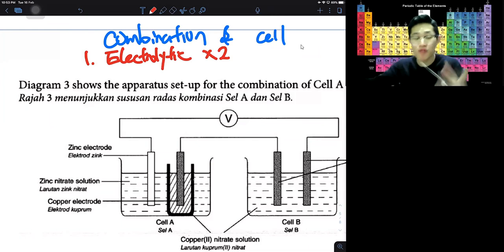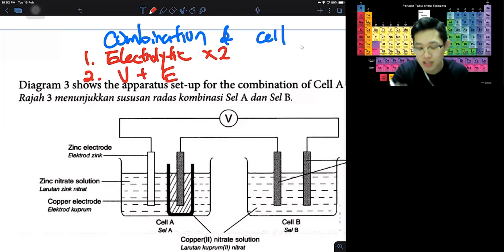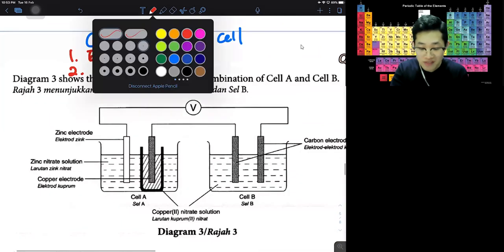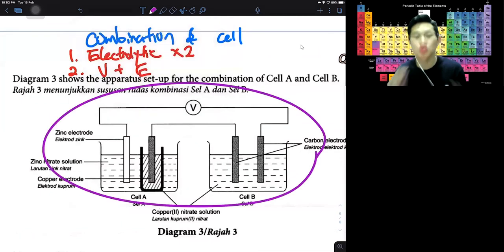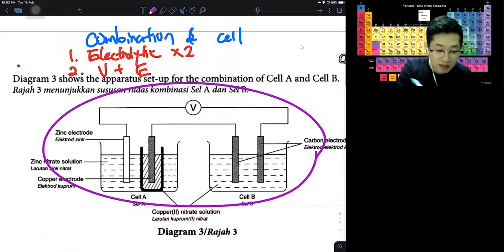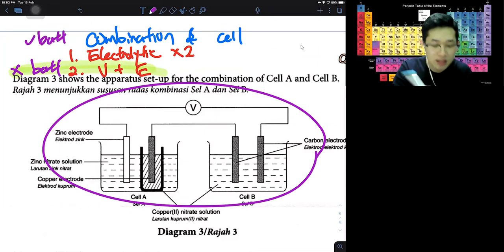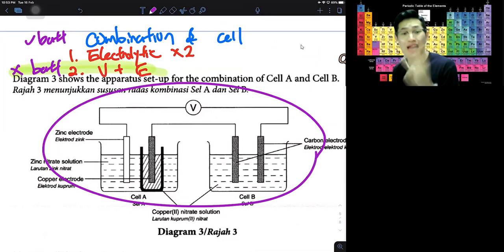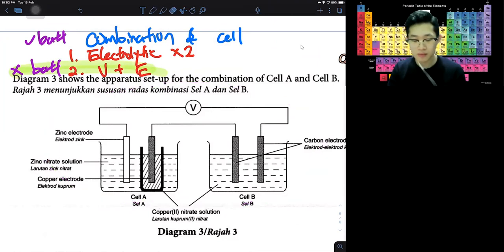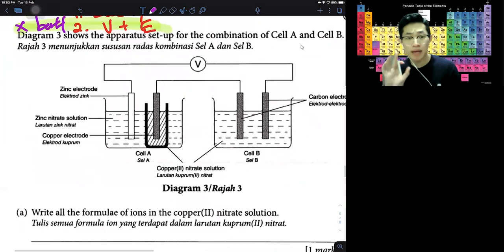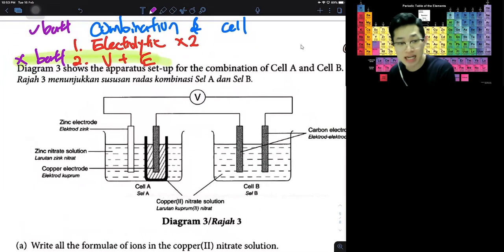Double electrolytic means both are electrolytic. Another one is voltaic plus electrolytic. How to identify? If you see two cells together without a battery, no battery, then it is V plus E. If you see two cells together and then they got a battery, then it is electrolytic times 2. So since I know that this one has no battery, it must be voltaic plus electrolytic.